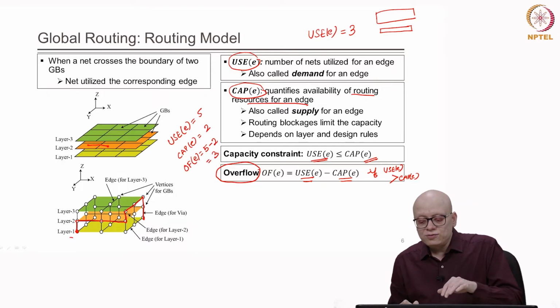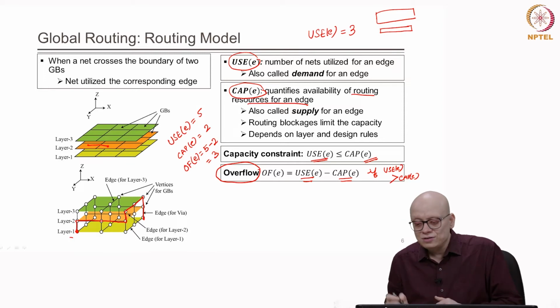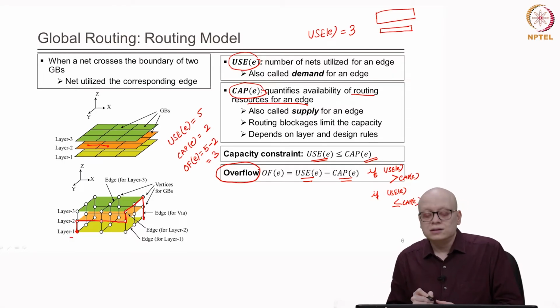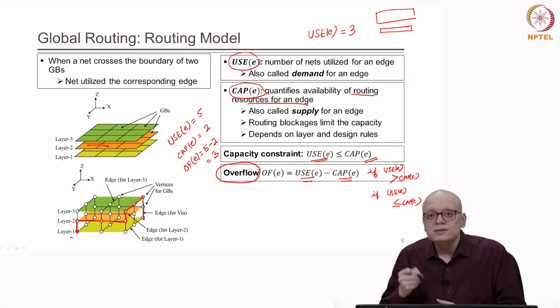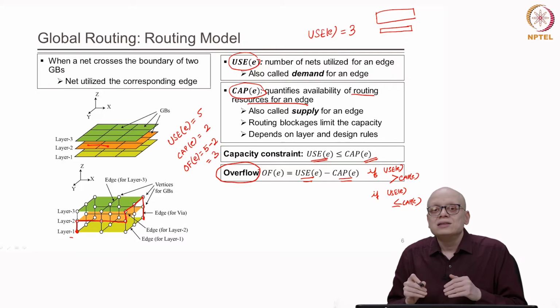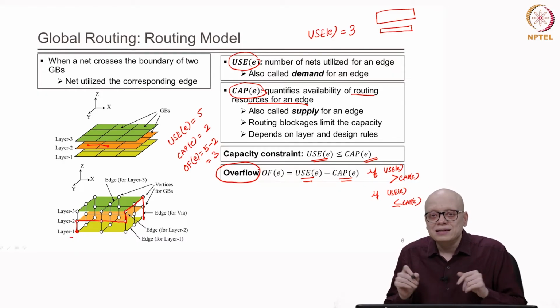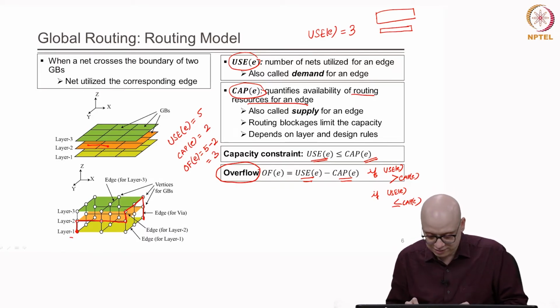If the use is less than or equal to capacity, then we say that the overflow is 0, because in that case the use is not more than the capacity, that is a legal condition, and therefore overflow is defined as 0 for those cases.